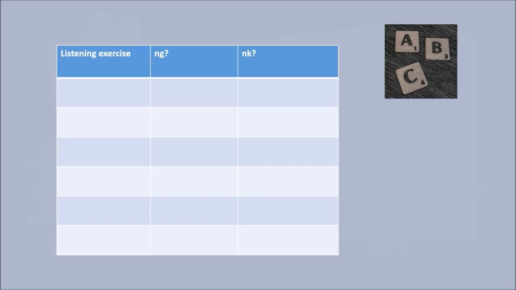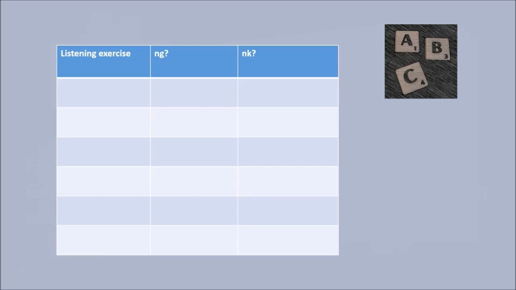The first word, singen. I repeat, singen. The second word, sinken. Number 3, Enkel. Number 4, Engel.